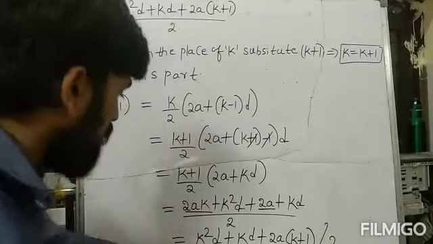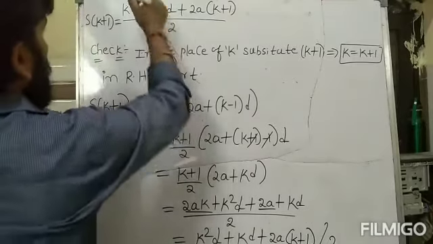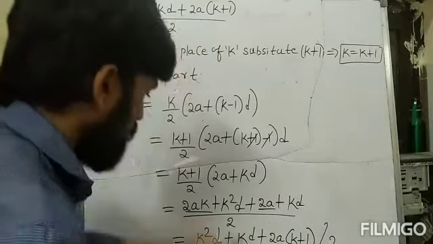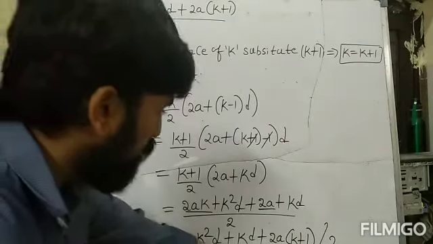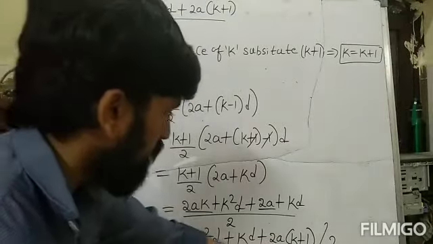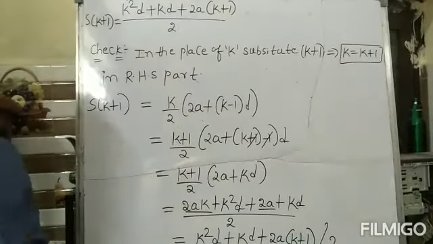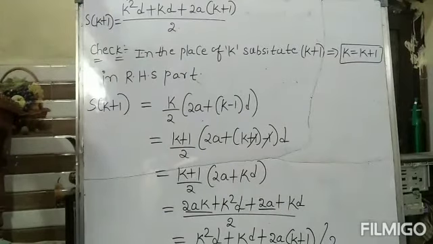So, k square d, k square d, yes, tick. Both are equal. Next, kd, kd. Yes. 2a, 2a. Yes. k plus 1, k plus 1. Yes. By 2, by 2. Both are equal.